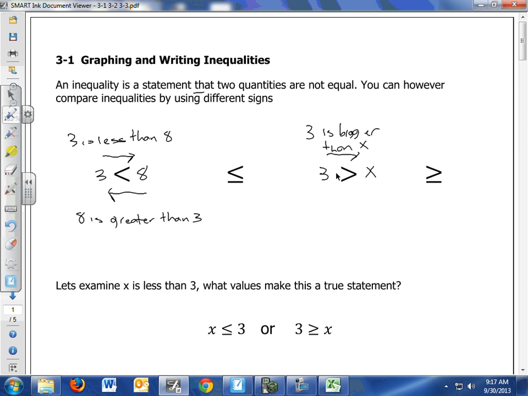But what I'm going to want to do in this lesson and in this chapter is read starting with my variable going in the opposite direction. So if my variable is over here, I'd start reading from left to right. But since my variable is over here on the right, I'm going to start from the right and read left. I'm going to say my numbers are less than 3.